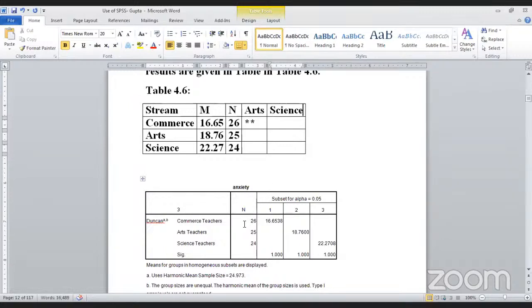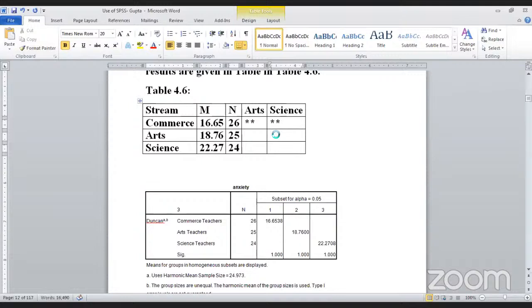Now you can see that the commerce and the arts differ significantly. The commerce and the science also differ significantly. This is arts and this is science, so arts and science also differ significantly.